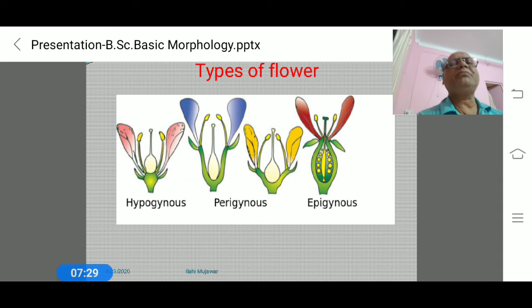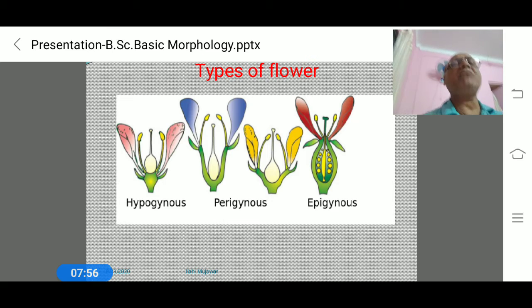What are the types of the flower? Hypogynous, perigynous, and epigynous. Each word defines the term itself. Hypo means below, and gynous means gynoecium. We look here in the picture: the floral whorls, sepals, petals, stamens, arise below the gynoecium, so it is called hypogynous.